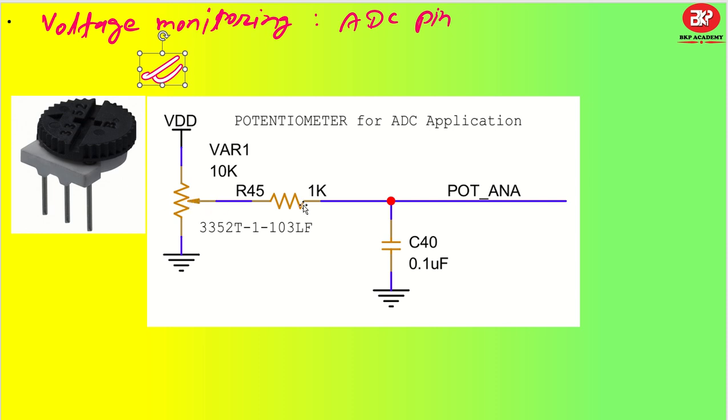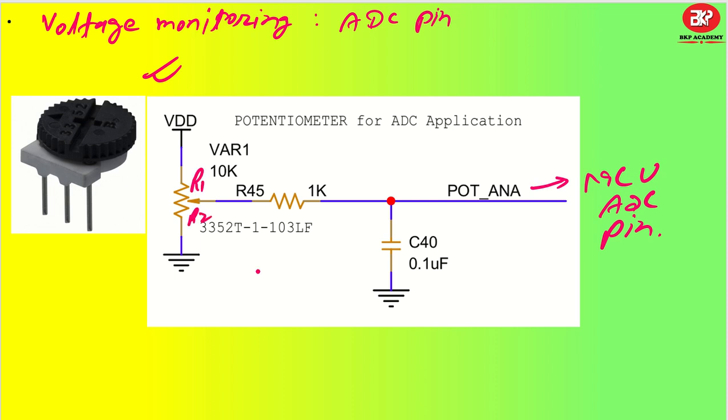That voltage division will go to the ADC pin of my microcontroller, and this is how you will be able to see a difference in the ADC value measurement. The resistance of the potentiometer actually gets converted into two resistance parts, let us say R1 and R2, and this is how you have a voltage division at this particular place.